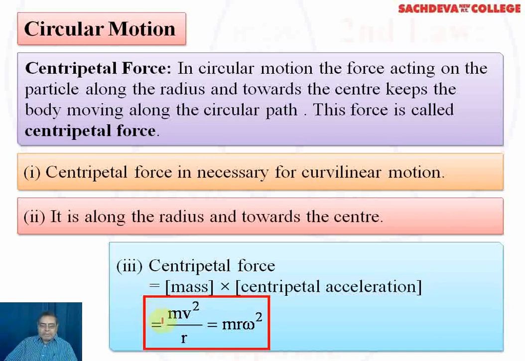Mass will be m and centripetal acceleration will be v square over r. This we can write in the form m r omega square. Normally the point to remember is that omega is equal to v over r, or omega square will be v square over r square. So if you make the necessary calculations in m r omega square, the value comes to be m v square over r.